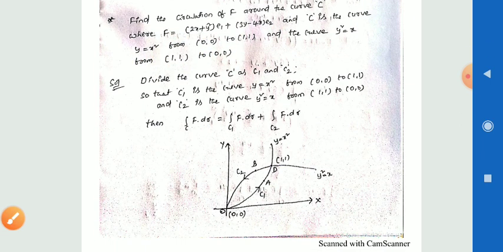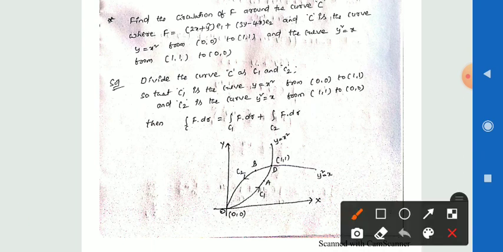For that line integral, we divide the curve C into two parts, C1 and C2. C1 is the curve y equal to x square, taken from (0, 0) to (1, 1), and C2 is the curve y square equal to x, with limits from (1, 1) to (0, 0).